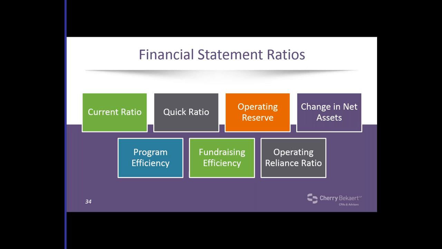Otherwise, I think that was a really great overview of all of these ratios. And it's certainly something that's really good for management of organizations to be looking at these ratios and analyzing different aspects of the financials just to make sure in doing their due diligence that the organization is financially sound and going in the direction that they want to be going.